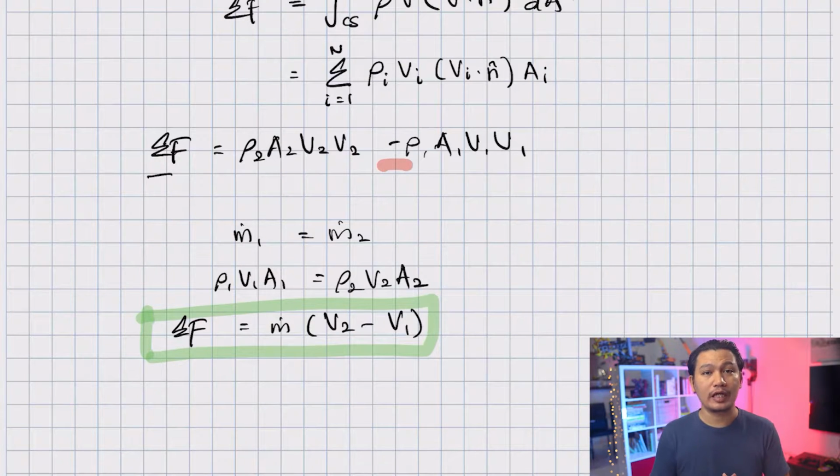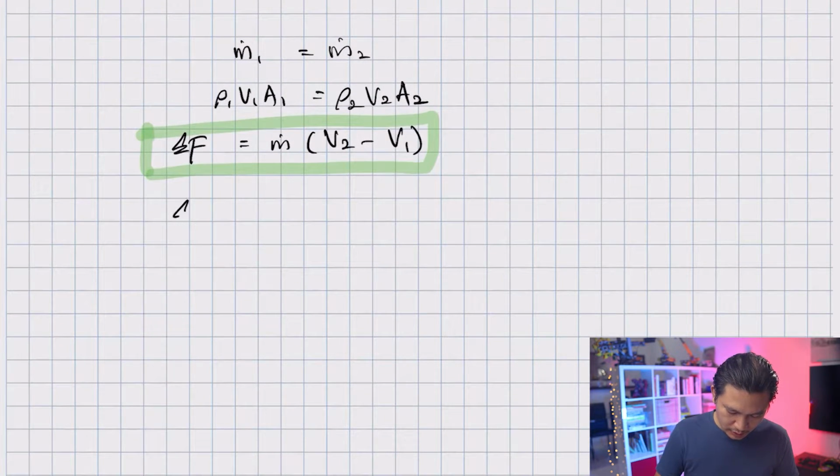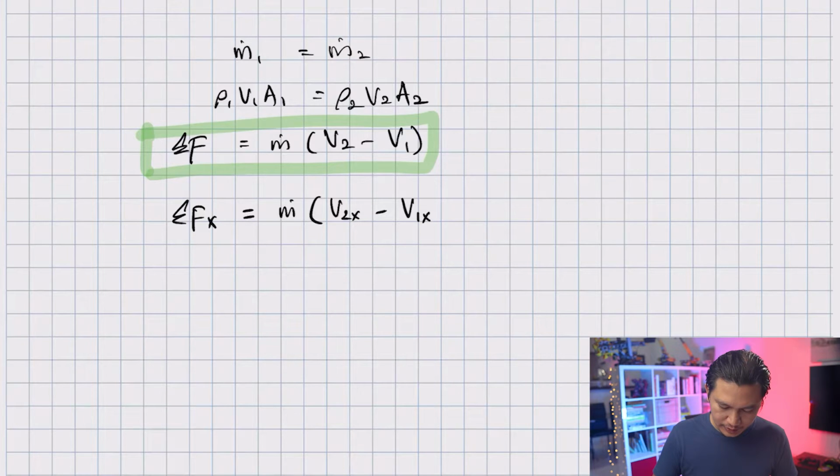But we also know that velocity has direction, isn't it? It has x direction, it has y direction, and it also has z direction. So if we are to represent this velocity in terms of its own x, y, and z components, the equation becomes summation of force in x direction is equal to m dot (V2x minus V1x).